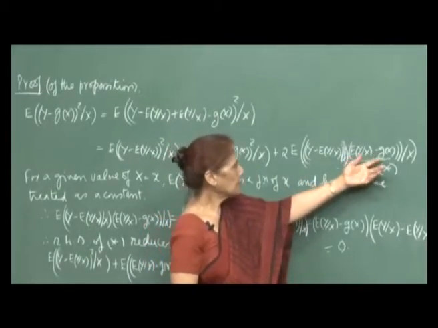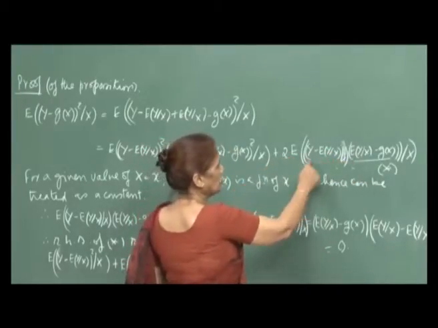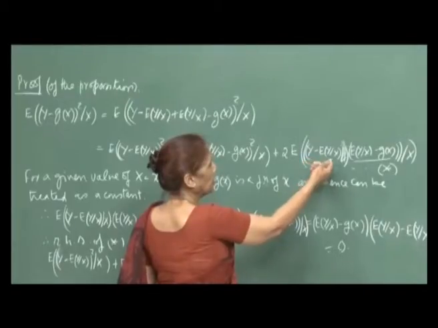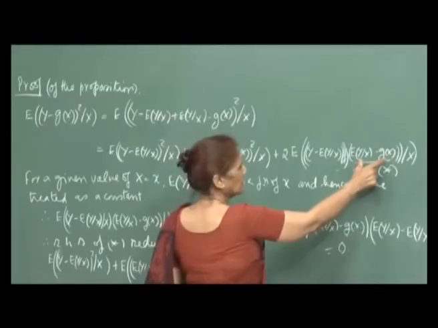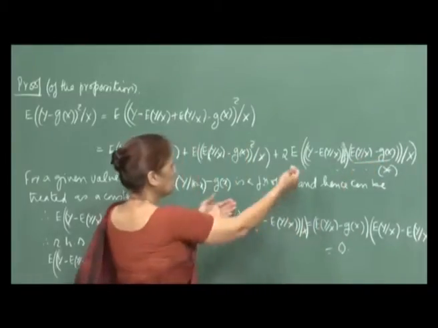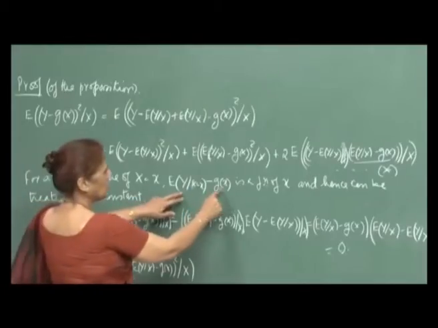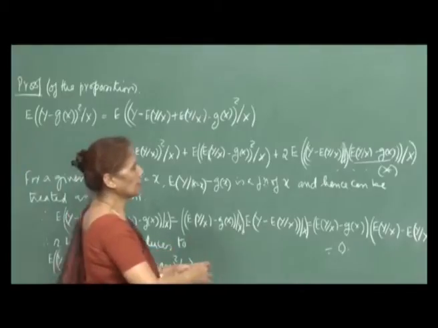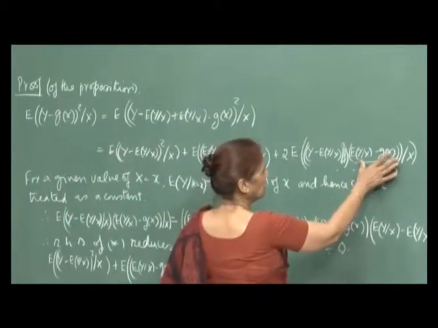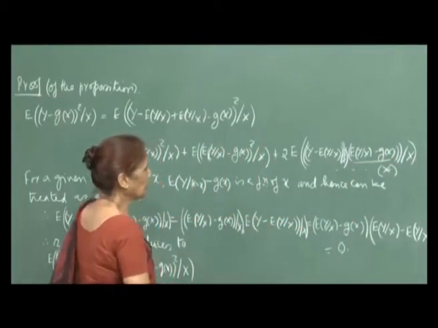So, for the purpose of taking this expectation, which is with respect to y given x, I can treat this as a constant, and so it will come out of the expectation sign. Because I will be computing it for different values of x, for every fixed value of x this will be a constant, so I can take it out of my expectation.